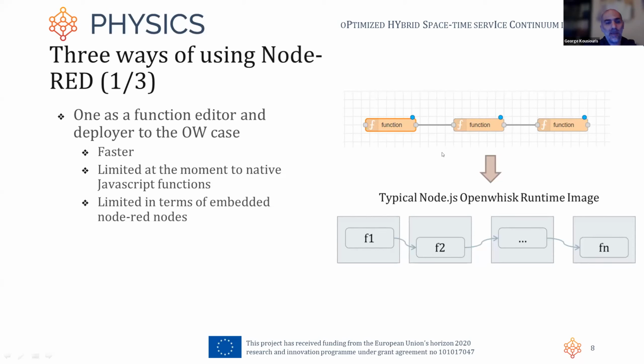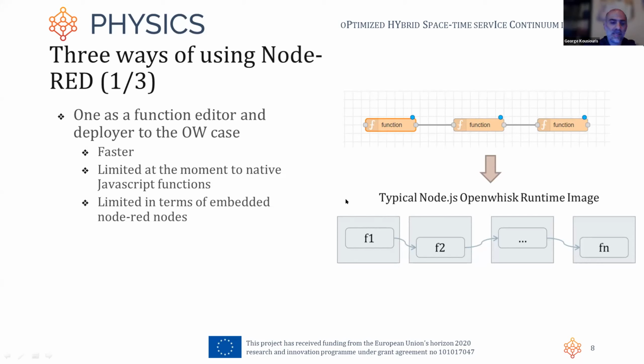And then when we obtain that flow, we convert it to a typical OpenWhisk sequence. And we extract the code and all the dependencies, and we create the deployable function for the OpenWhisk platform.